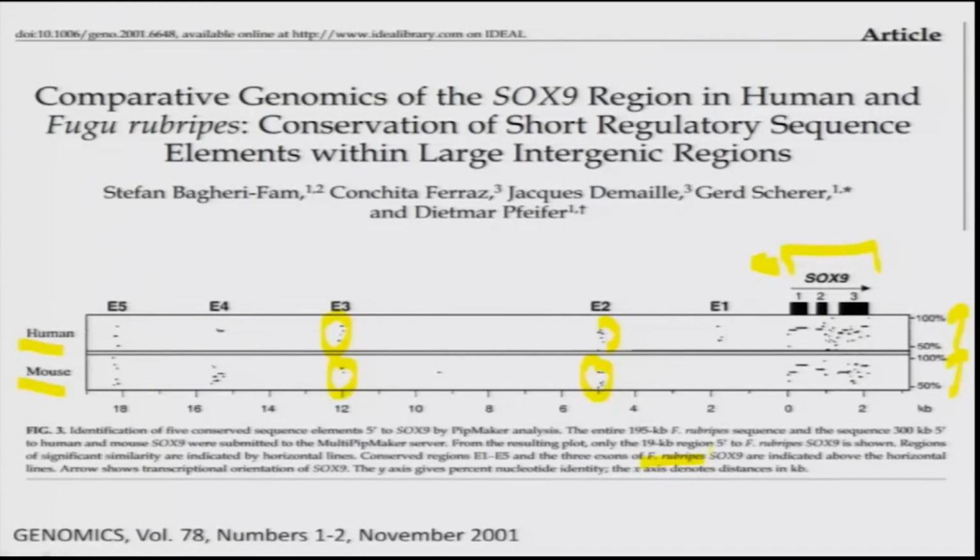They compared the pufferfish genome with the mouse and human genome, and they are showing that at exactly the same position, about 18 kilobases, you have segments that are highly conserved. So, this suggests that these are regions where possibly there are elements that regulate SOX9 gene expression. They are conserved because change is possibly not permitted, otherwise the gene activity may be lost.